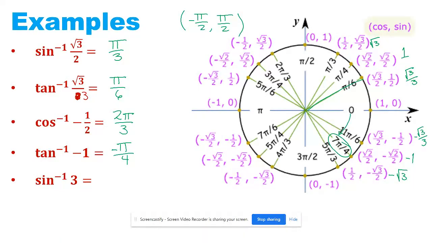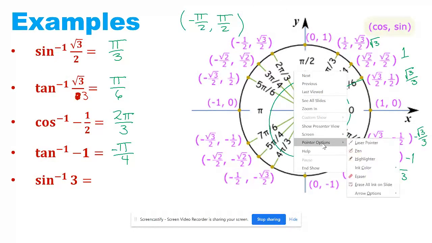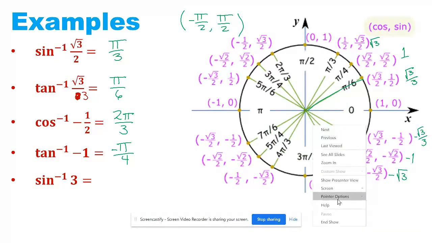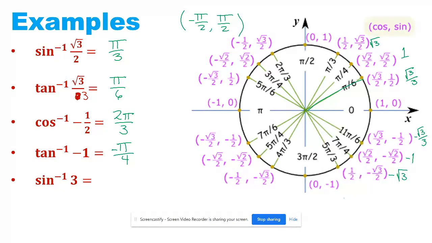So remember, if you go 7/4 pi this way, that's the same as going 1/4 pi in the opposite direction. So it's going to be negative pi over 4. So keep that in mind when you're doing sine and tangent. If you go into that bottom quadrant, you will need to use the negative angle measurement.